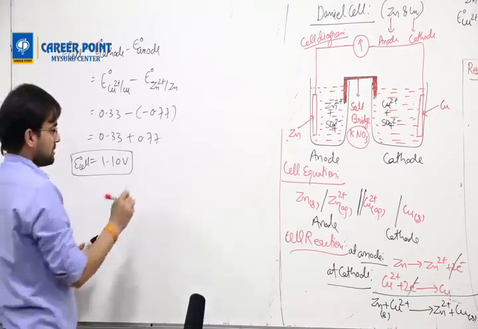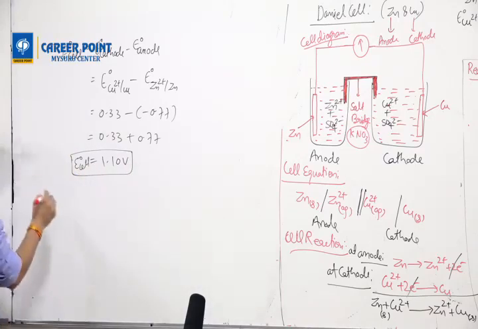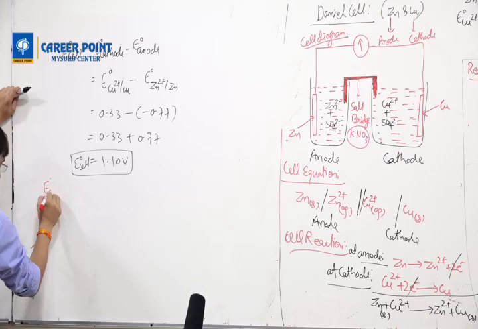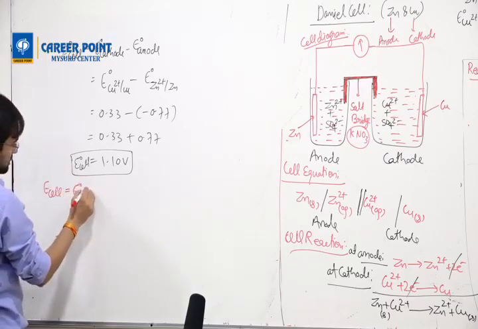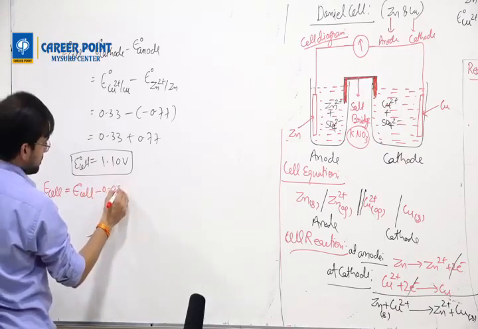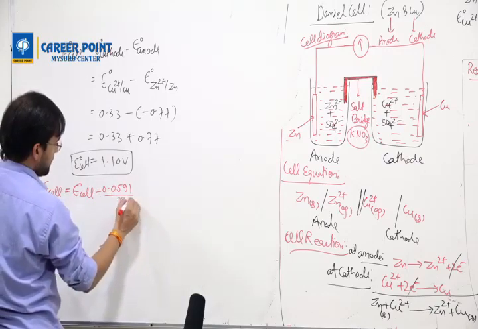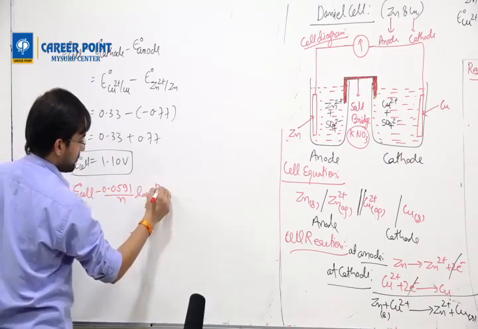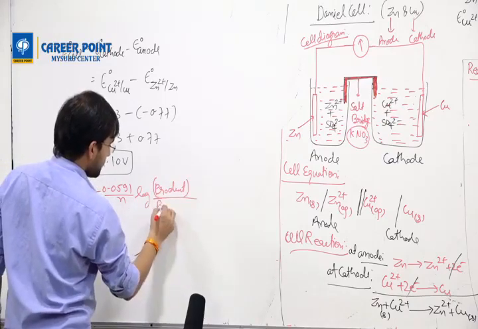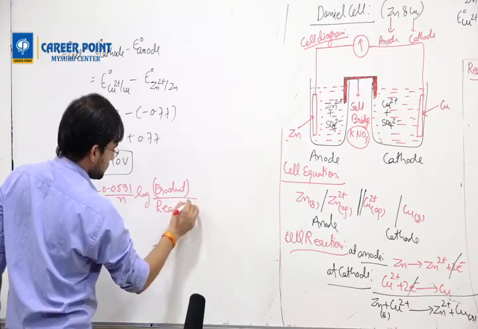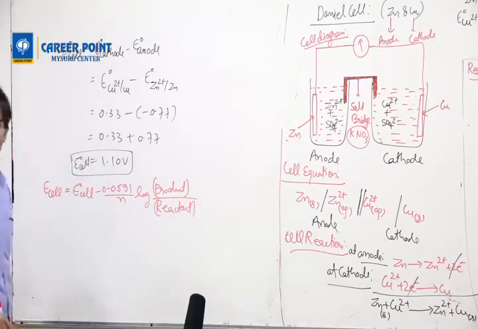Then there is a condition. Okay, later on I will tell the condition. Now E cell equals what? E naught cell minus 0.0591 by n log of product by reactant.